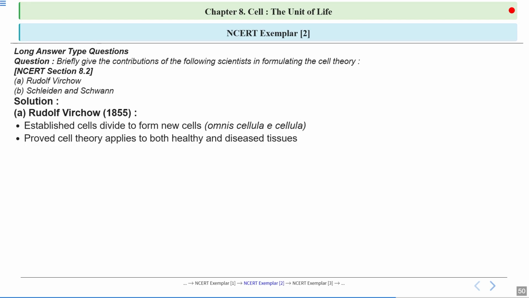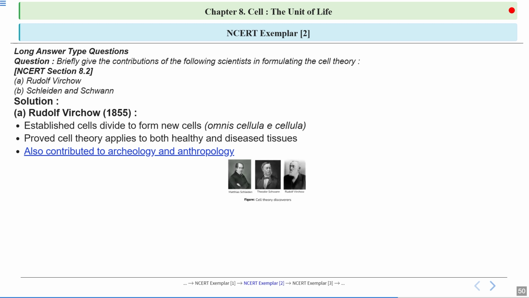He proved that cell theory applies to both healthy and diseased tissue as well. He also contributed to archaeology and anthropology. These are some of the other contributions of Rudolf Virchow. This is an image showing Schleiden, Schwann and Rudolf Virchow.